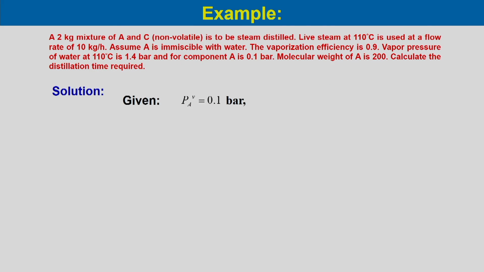Now, it is given that PAV is 0.1 bar and PBV is 1.4 bar. The molecular weight of A is 200, and MA we can calculate as 2 by 200, which is equal to 1 into 10 to the power minus 2 kilomole.